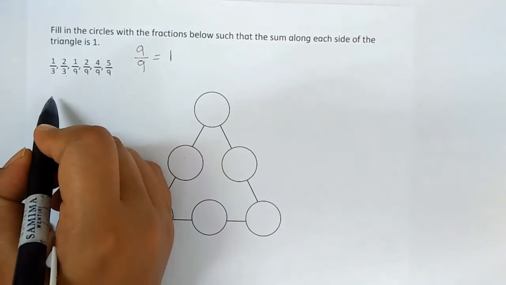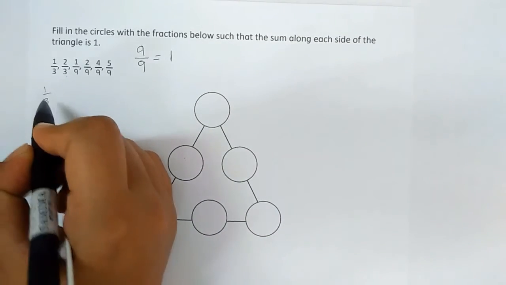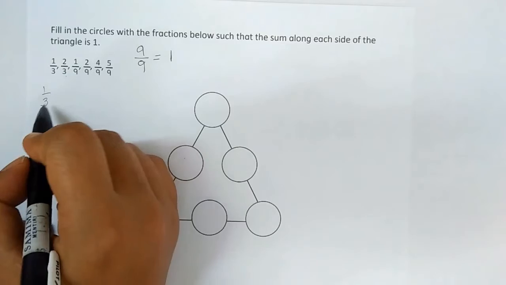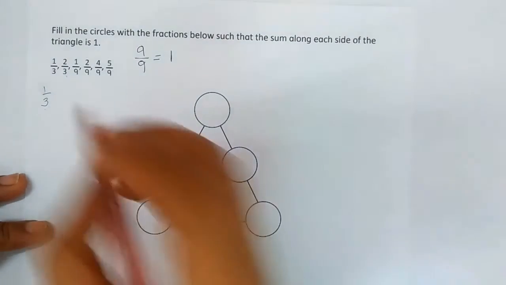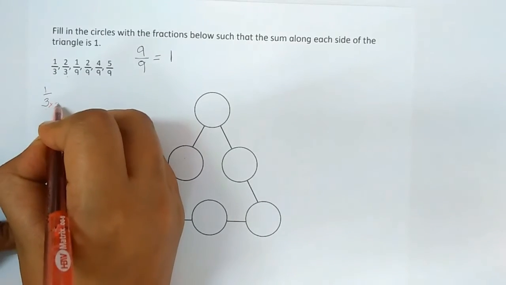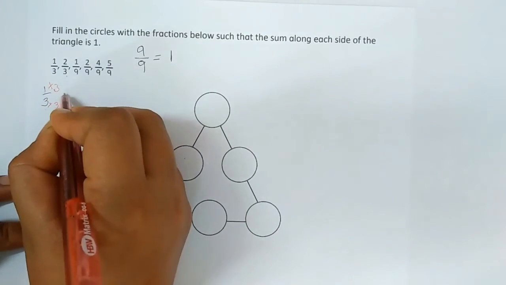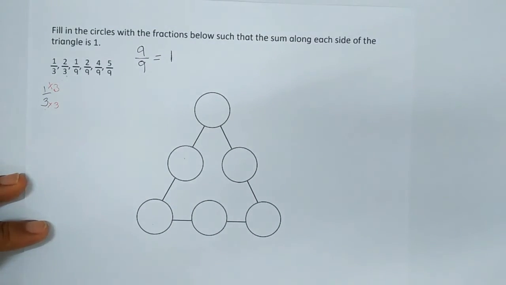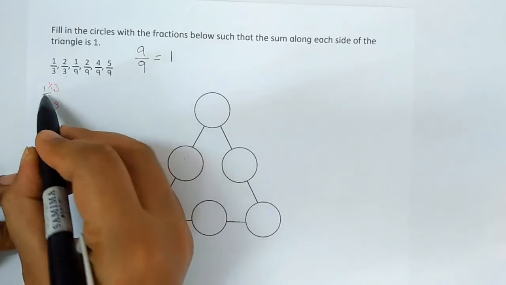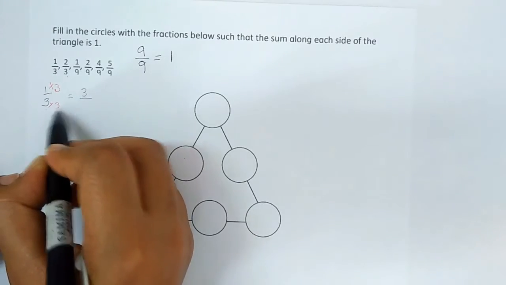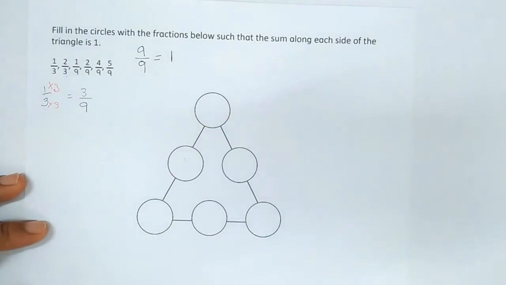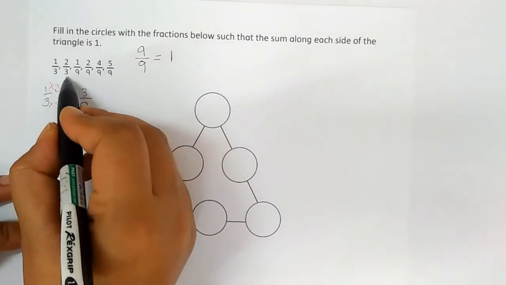So let's do first 1/3. How are we going to make the denominator equal to 9? Very good. We're going to multiply by 3, same with the numerator. So 1 times 3 is 3. 3 times 3 is 9. So we have 3/9. How about 2/3?